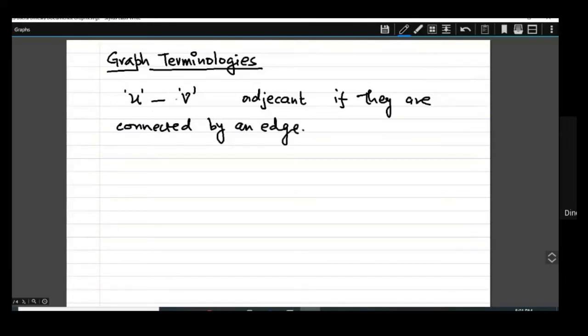So if there exists an edge between U and V, then they are said to be adjacent, or you can say neighbors, in a particular graph.